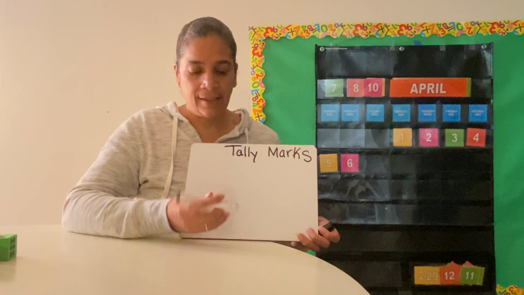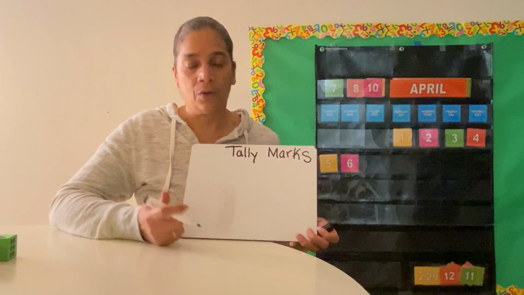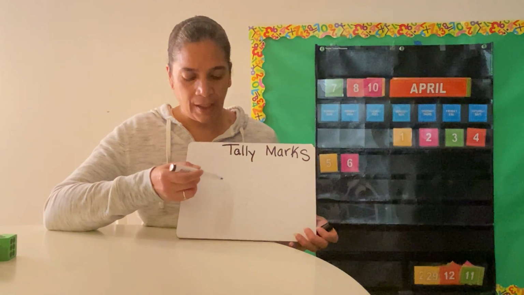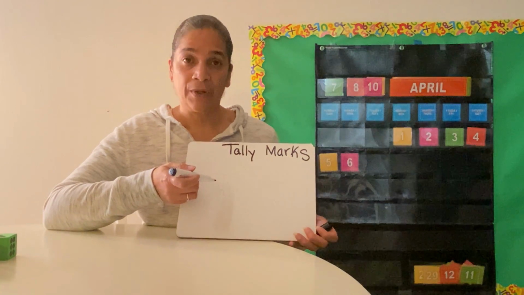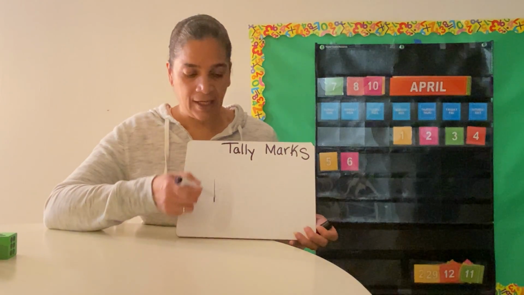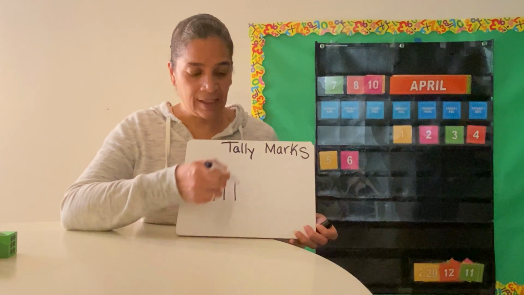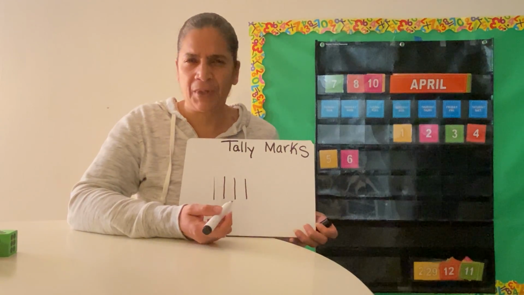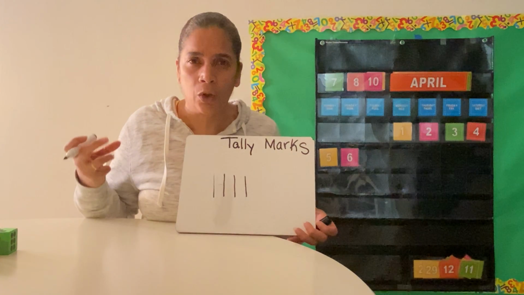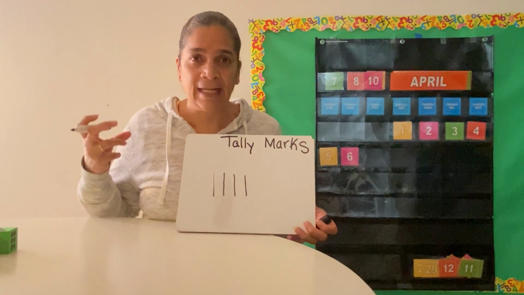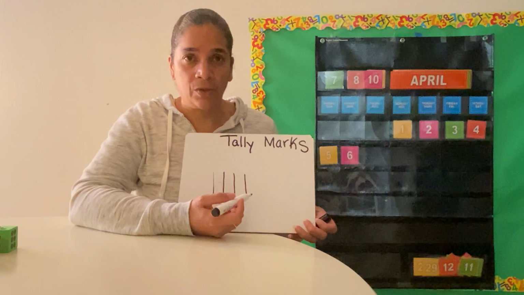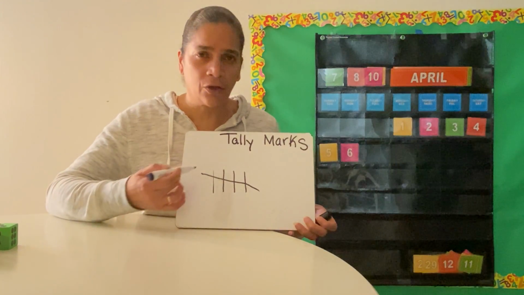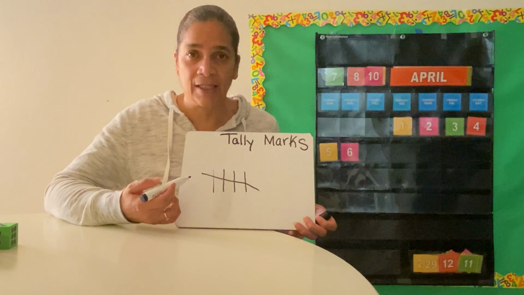So let's see how this is going to look when we get to the number 5. So in the number 5, we're going to pretend that we're in the forest and we see 4 trees standing. 4 trees. But all of a sudden, Pre-K, there's a huge storm. There's lightning. And one of those lightning bolts hits a tree, and the tree falls across the 4 trees that are standing.